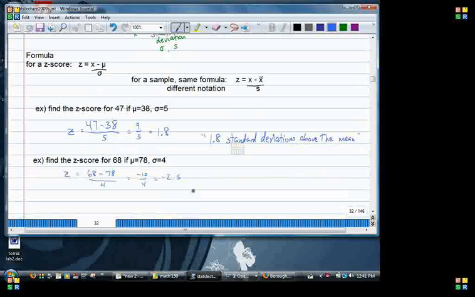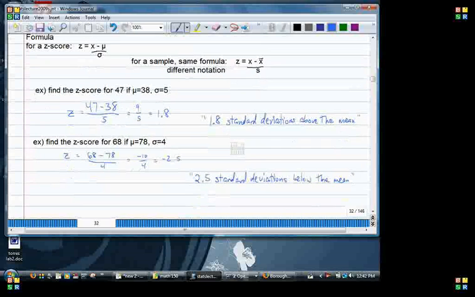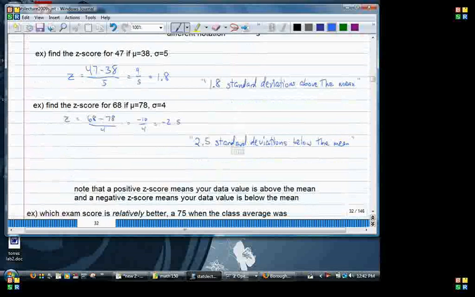So negative 2.5, what does that mean? 2.5 standard deviations, but that negative is telling us that we are below the mean. All right. So that's what that comment is.